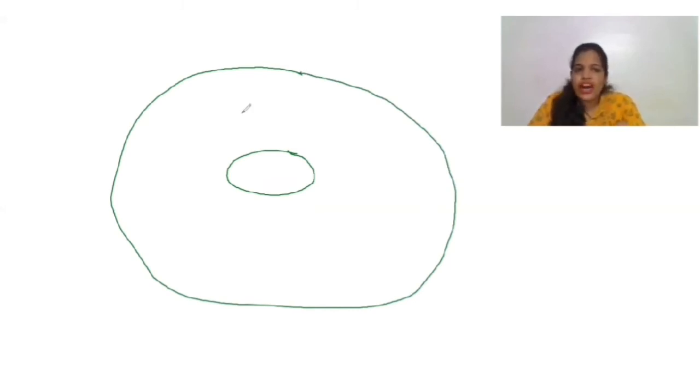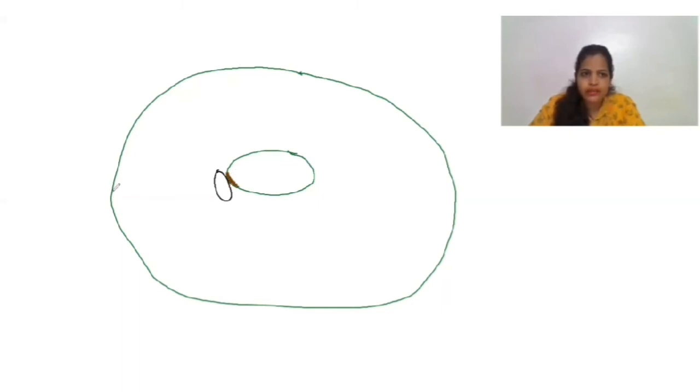Now, what happens basically here on the inner side of the thylakoid membrane? This is the inner side. Let me show you. I'll darken the inner side with brown color, and the outer side is pink.